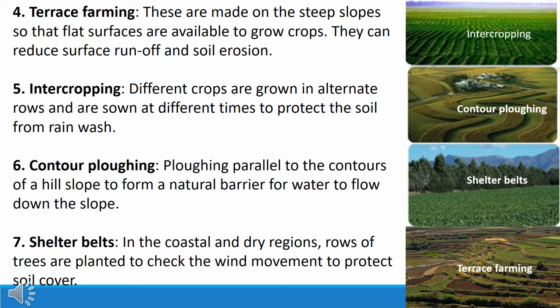Later you are going to watch a video based on this soil profile and how growing trees on the hilly areas protects against soil erosion, and about the land area in a nutshell. So watch the video and try to understand the concept.